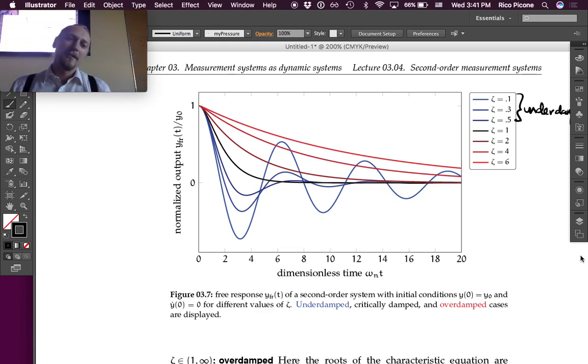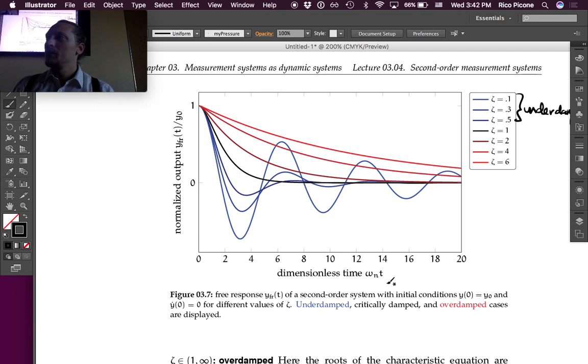So that's the horizontal axis. If you wanted to know how to read this for a given omega n, you say, okay, what would it look like for zeta equals 0.1 and for some given omega n? What would you do?